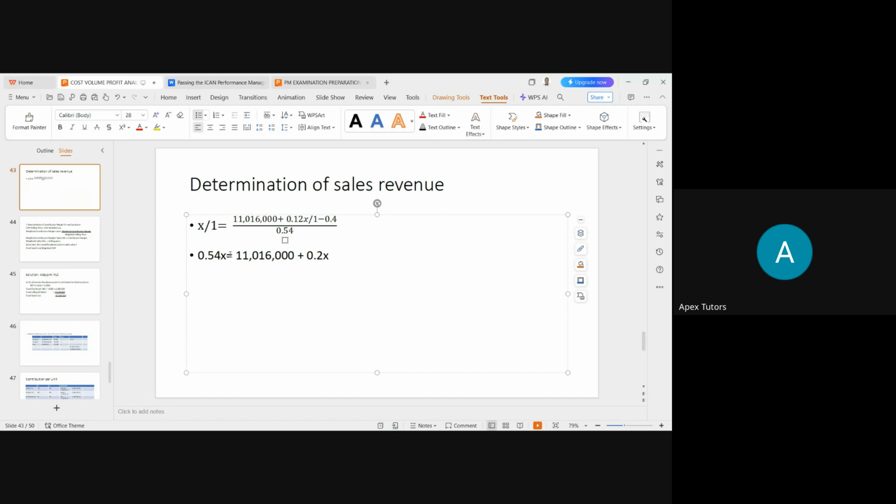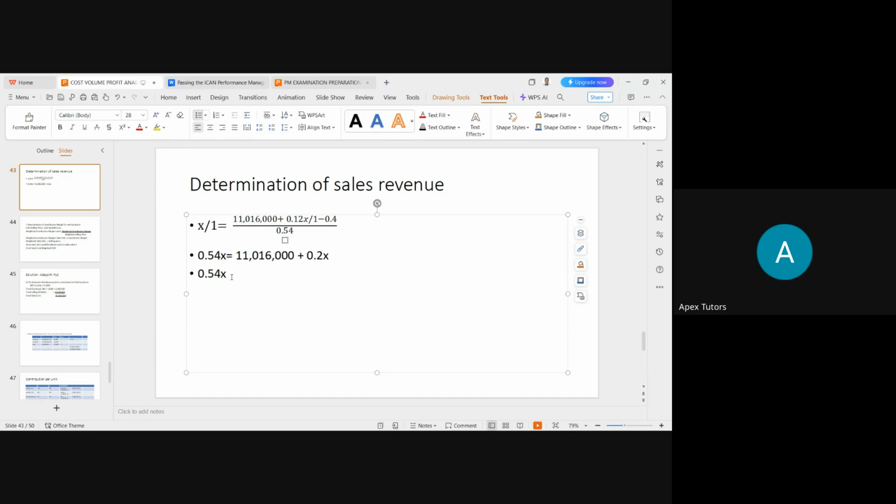So when you collect like terms, what will happen? 0.54x minus 0.2x. When 0.2x crosses the equal sign, it changes to minus. So why are we bringing 0.2x to 0.54x?